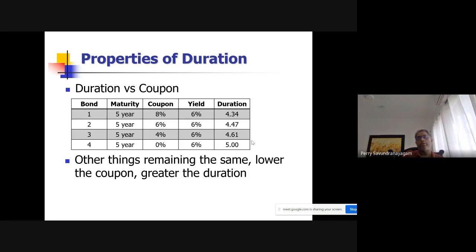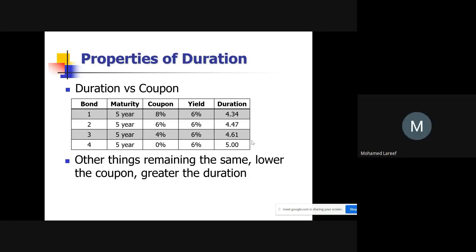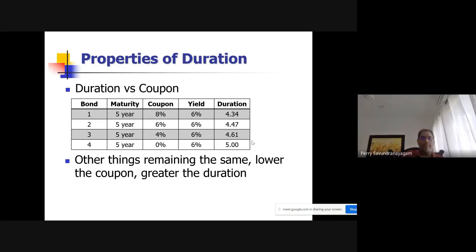So what is the duration? Do you agree with this? Yes, sir. If all the bonds are at par value and the yield is the same, you will get more cash flow if the coupon is high. Yeah, the duration will be lower. Exactly, correct. Because one factor is if it's zero, you're not getting anything paid in between. So you're getting everything at the end.